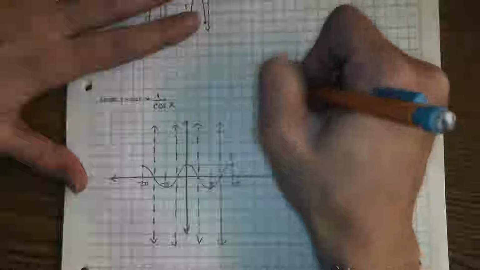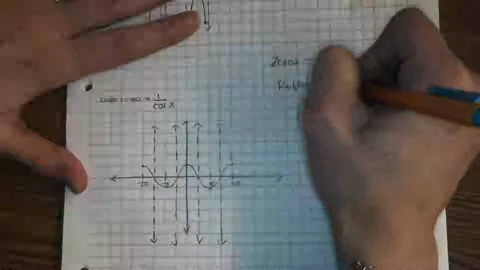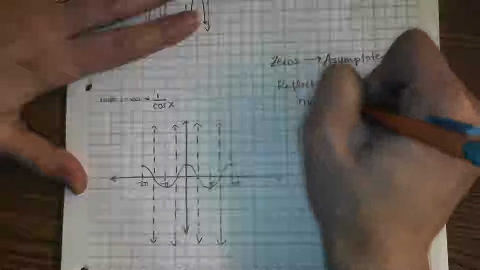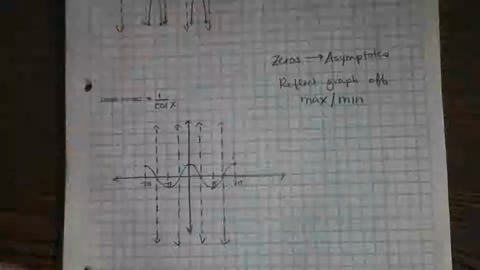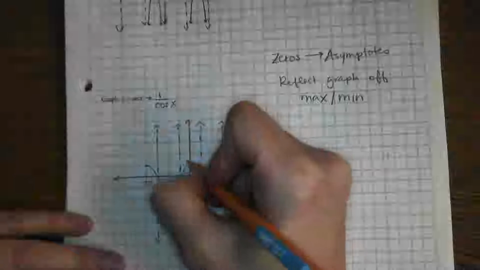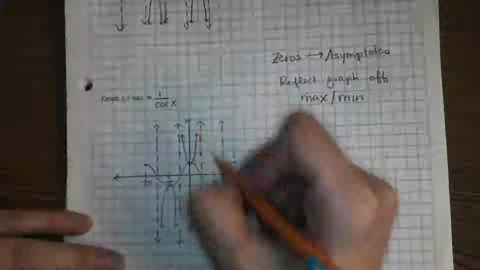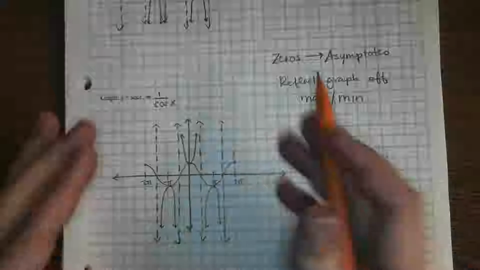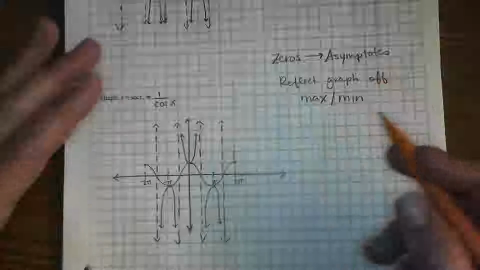And then you reflect the graph off of maxes and mins. And I'm not going to show you why again, but it's because of that reciprocal stuff. So this one here will flip down. This one will flip up, down. Now this one's a little different because on the outer parts we only have like a half of it.